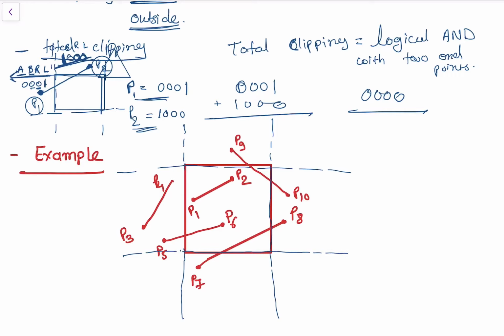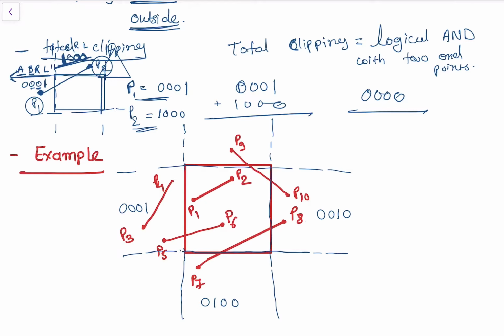This one is the first region, and the first region code should be 0 0 0 1. Second 0 0 1 0. Third 0 1 0 0.